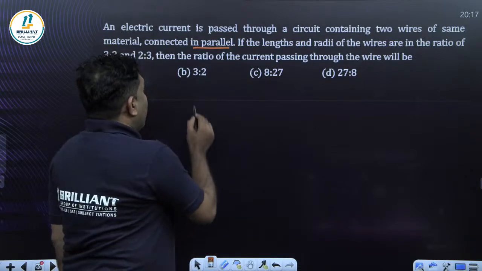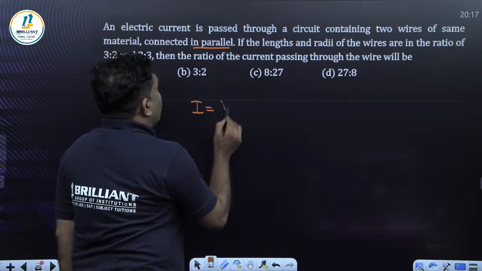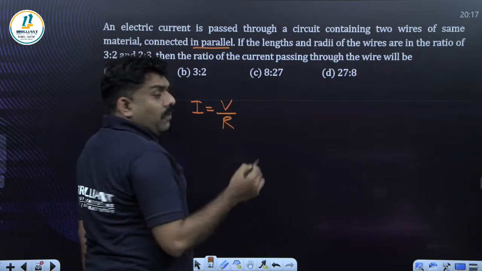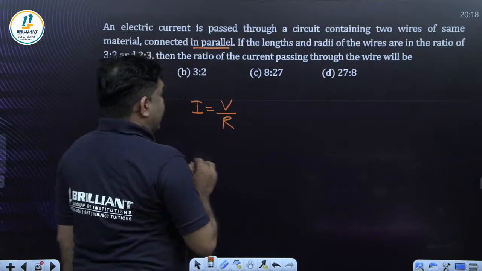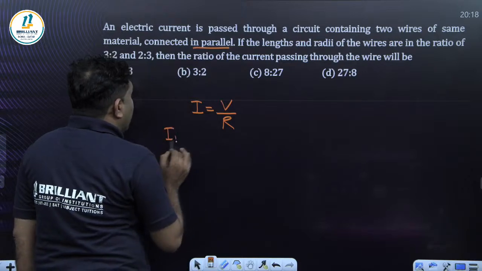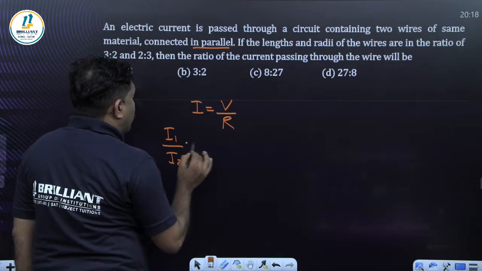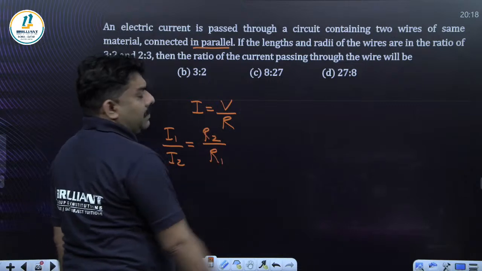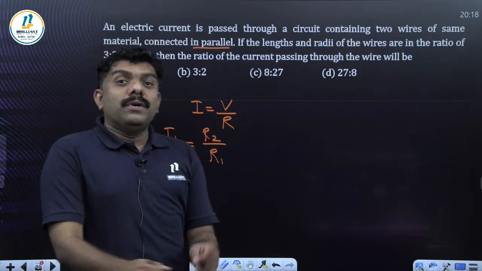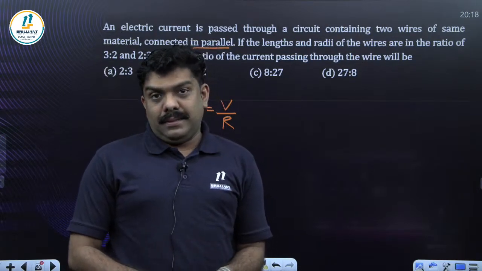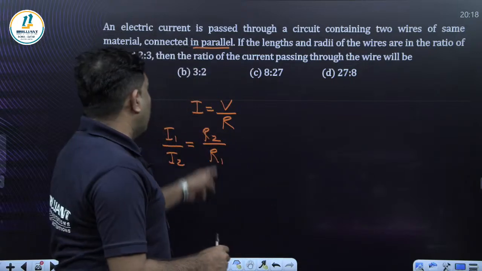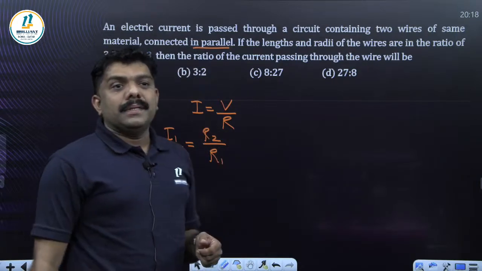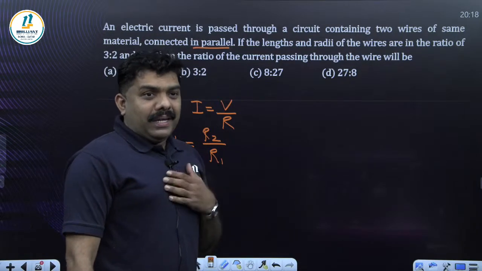We know the formula I equals V by R. Since voltage is the same, I1 divided by I2 is equal to R2 divided by R1, as current is inversely proportional to resistance. This R we can calculate.